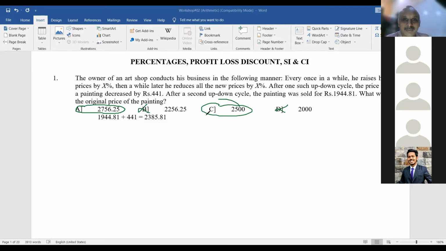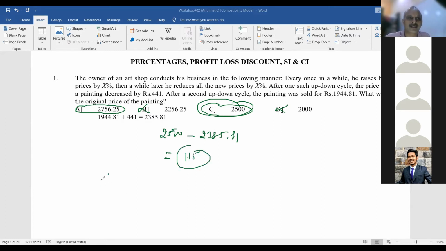Now see, if this were the answer, C option, then 2500 minus 2385.81 will be the amount of reduction, which will be around 115.